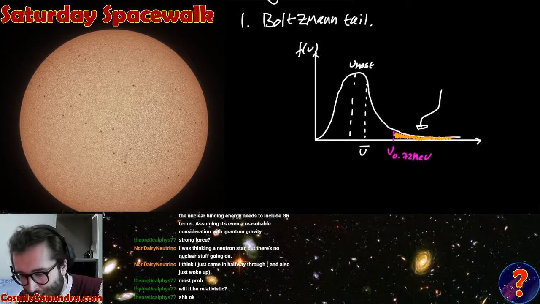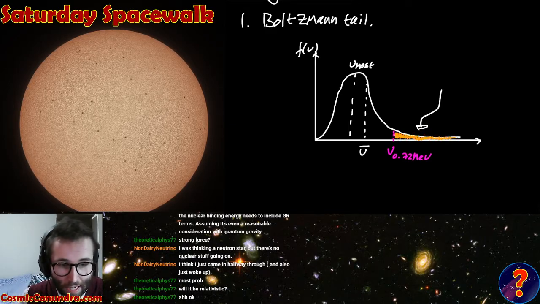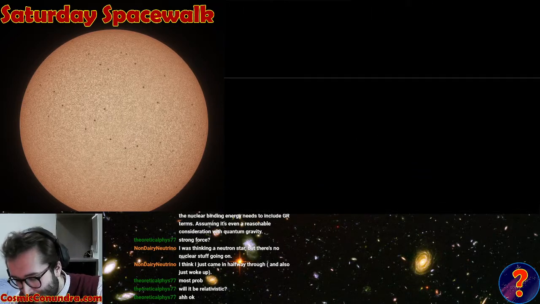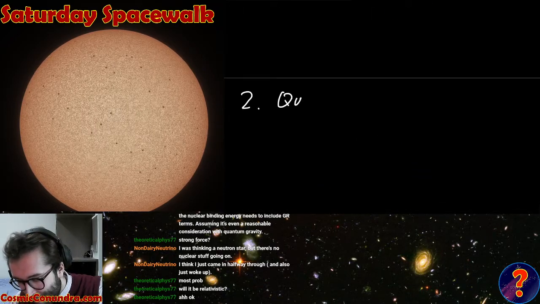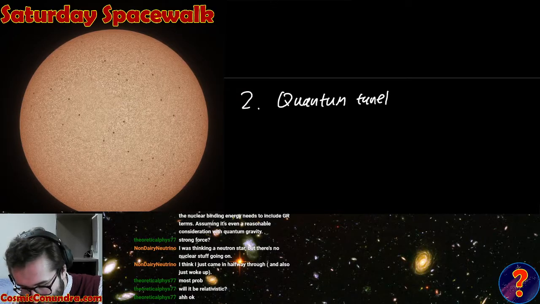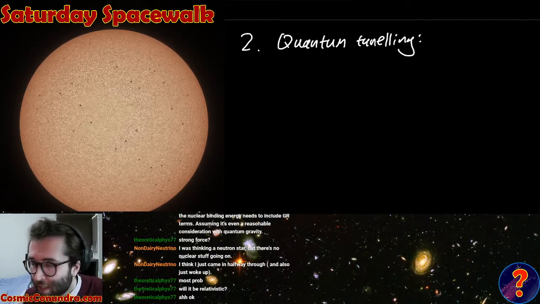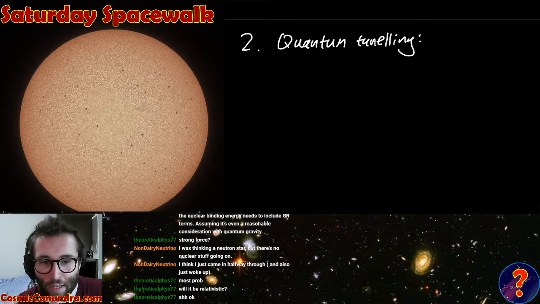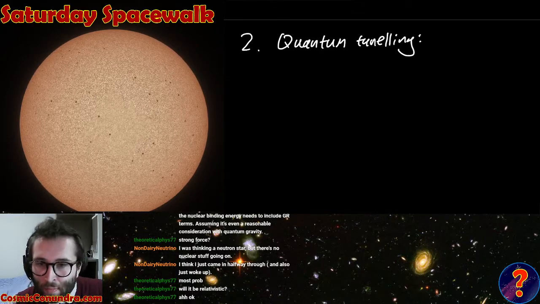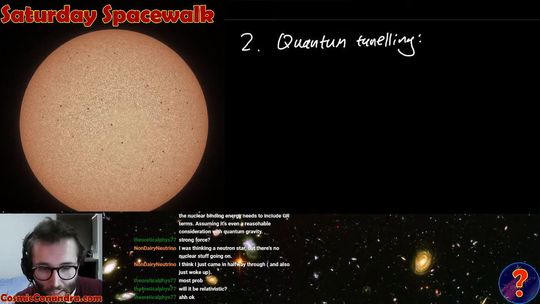Okay, so this Boltzmann tail has one effect: some of the particles will be traveling fast enough to get over the barrier. But there's another effect that is actually dominant compared to this, and that is a quantum tunneling effect. We won't go into the details, but you can calculate the expected tunneling rate, and from that the mean lifetime you'd expect of the sun.